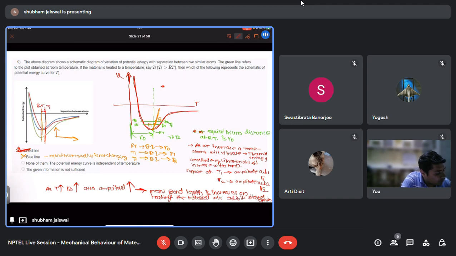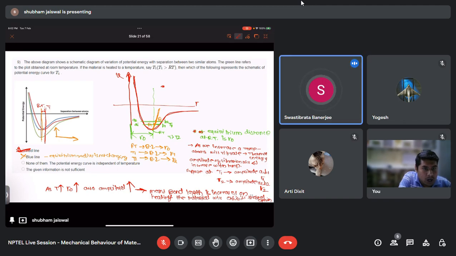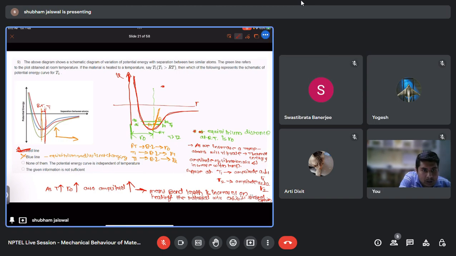So let's suppose at room temperature our equilibrium distance is R0. When I heat the material, the atoms will vibrate due to the thermal energy, and the material will expand.